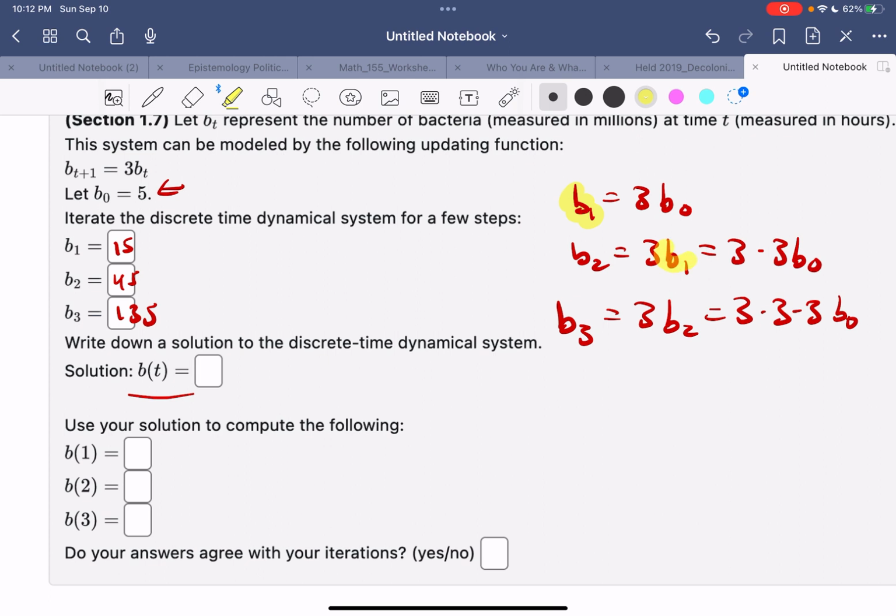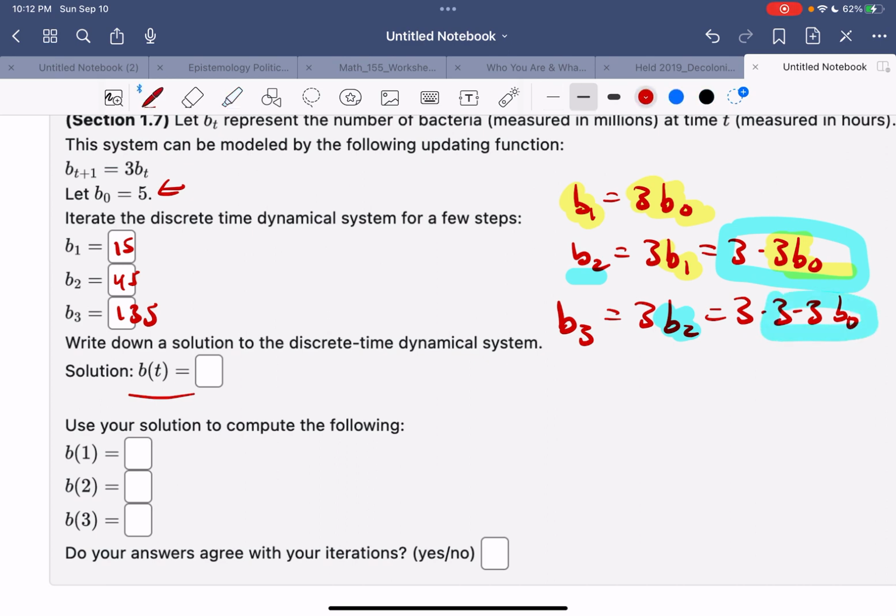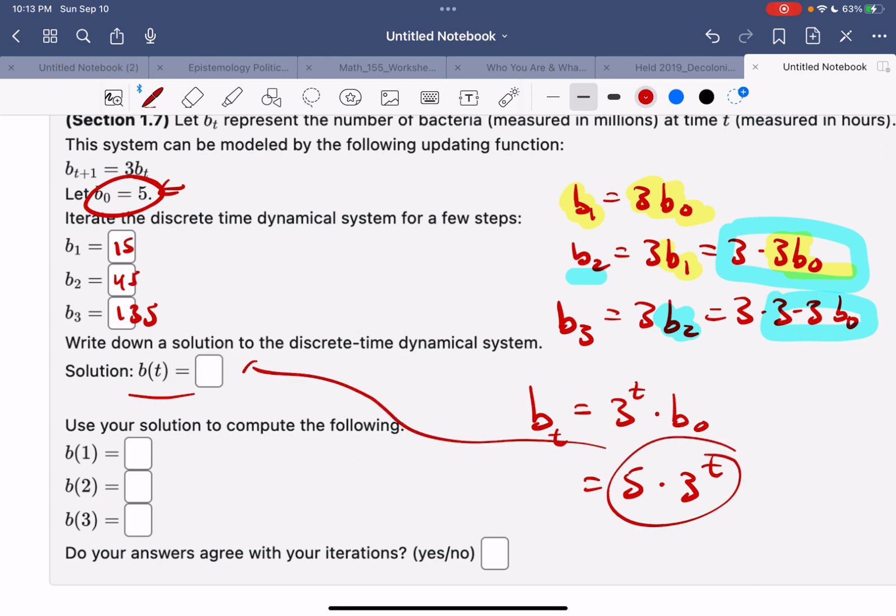I just substituted in for b1 and b2. And hopefully you can see that bt is just going to be 3 to the tth power times b naught. And b naught is 5, so this is 5 times 3 to the tth power. There it is, that's the answer for that.